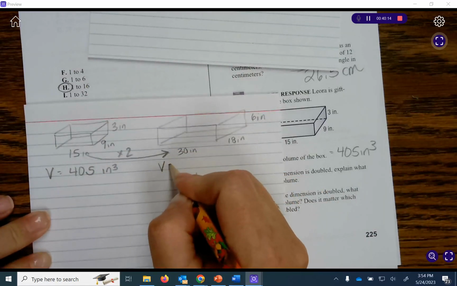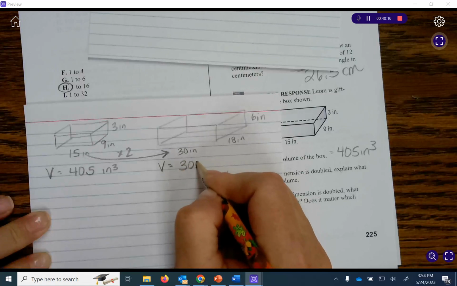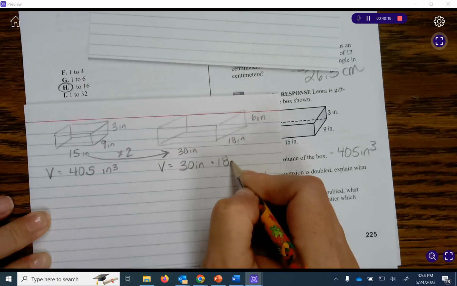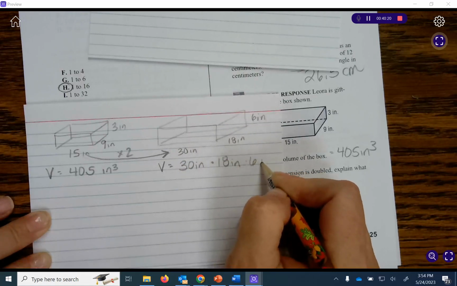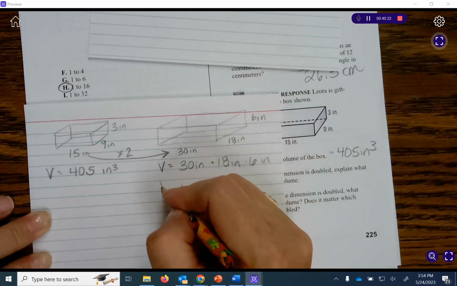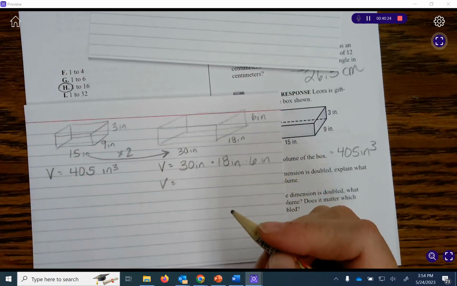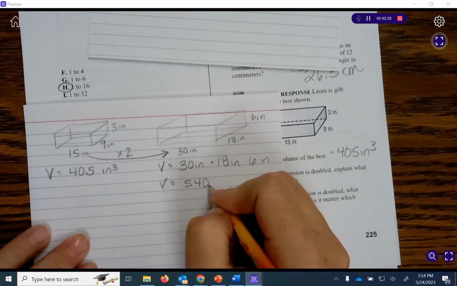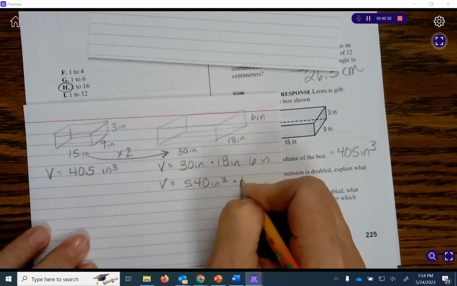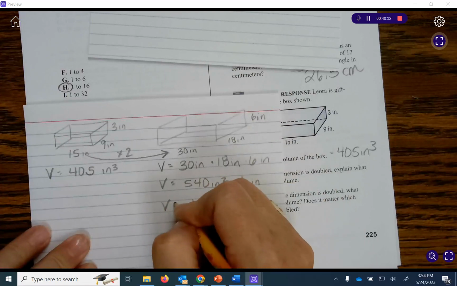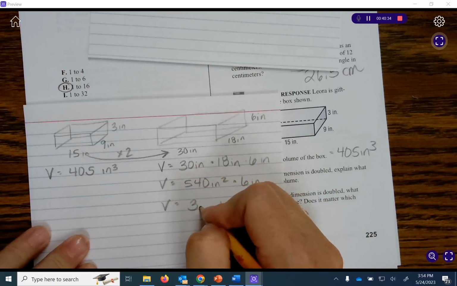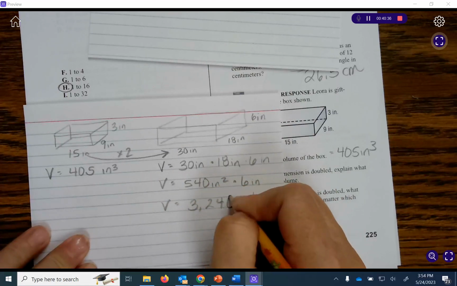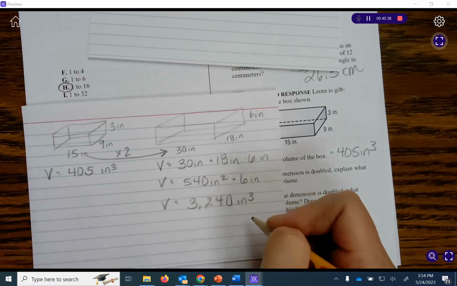This one's going to be volume equals 30 inches times 18 inches times 6 inches. So the volume here is going to be 540 inches squared times 6 inches. So the volume is going to equal 3,240 inches cubed.